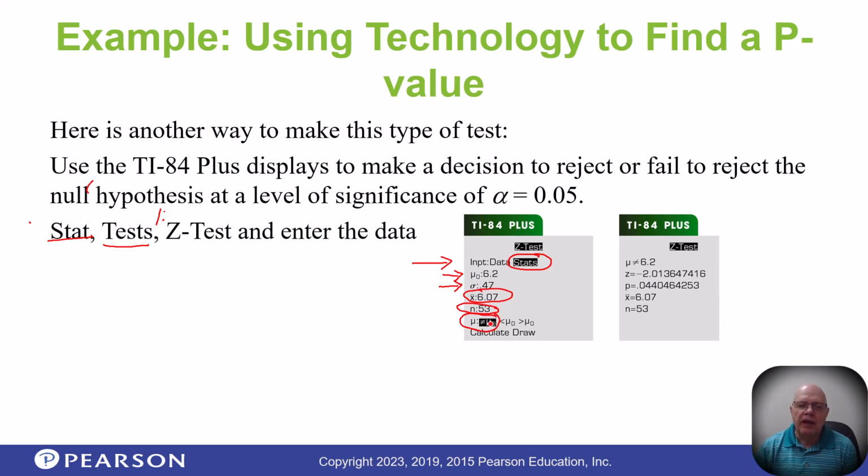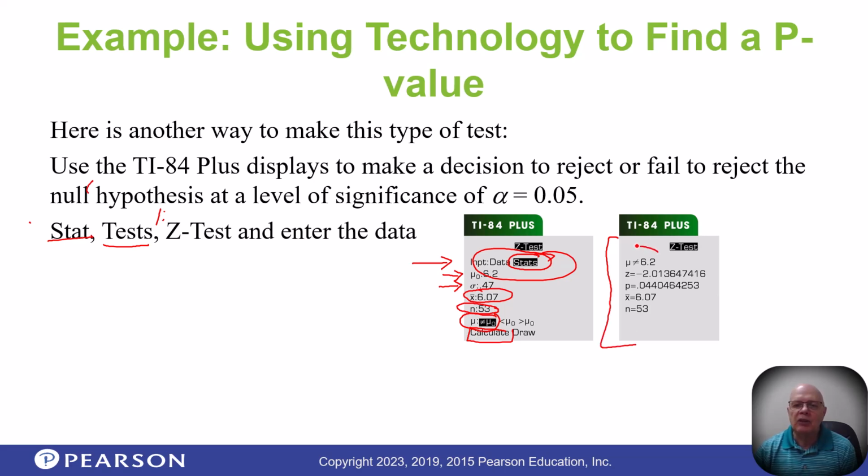Remember, if it isn't highlighted for the test that you're performing, you have to change it, just the way you'd have to change this up here, depending on whether you had the data or just the stats. Once you do that, come down here to calculate, hit enter, and here's what you get.